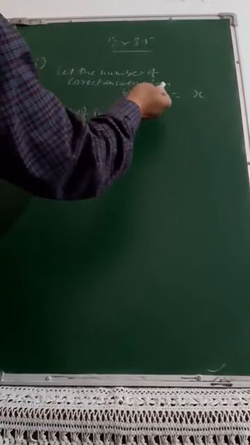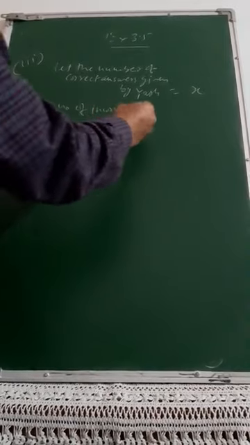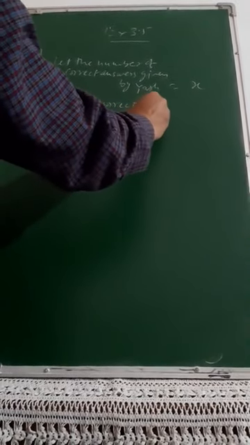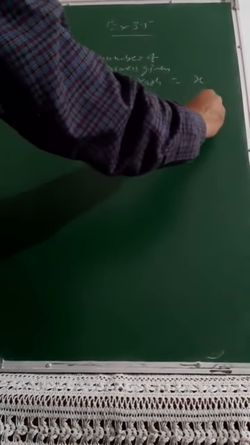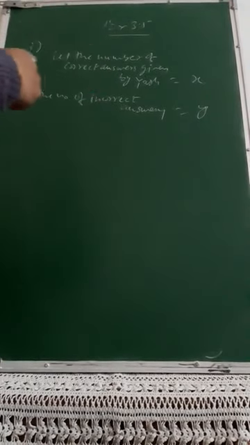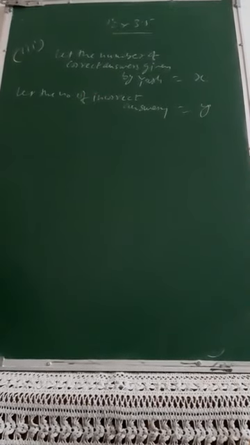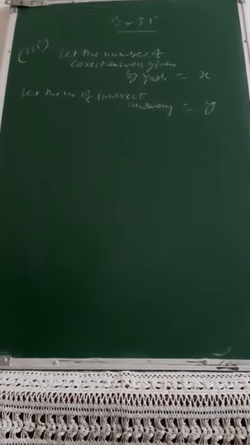I will be getting the marks for correct and marks will be reduced for incorrect answers. So incorrect answers given by Yash is equal to Y. Total number of correct answers, when I will be getting the value of X and Y, correct plus incorrect will be the total number of questions given in the question paper.